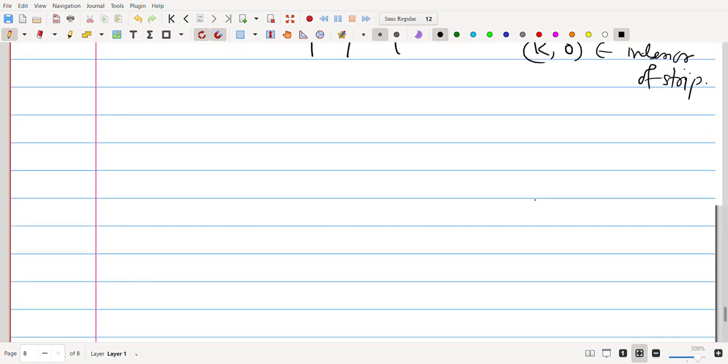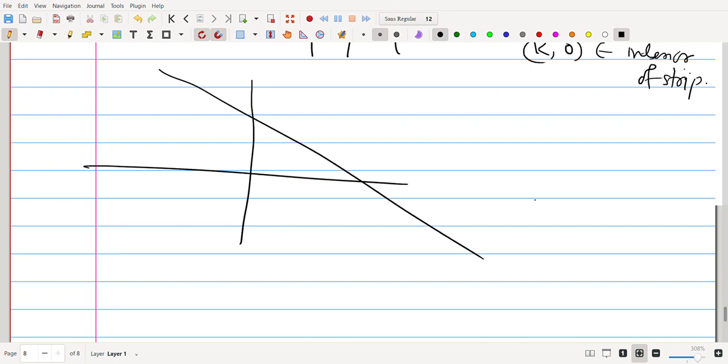Now if they are not parallel to the x-axis or y-axis, this will cut at some point, maybe here or there, and this is another line. Now it says the width is greater than 1, that means this length is greater than 1.